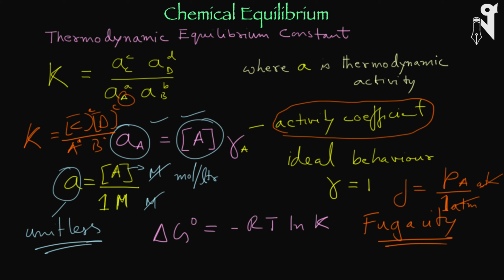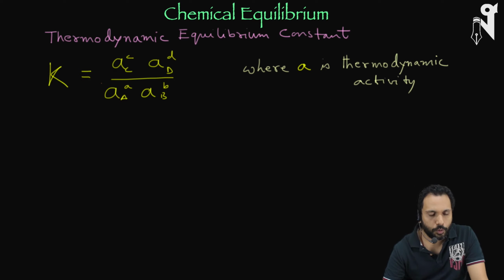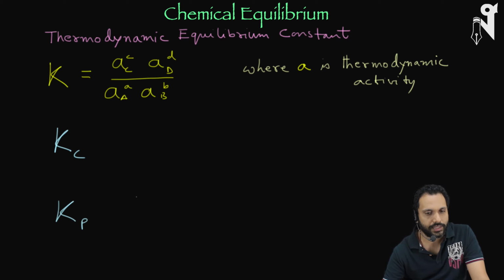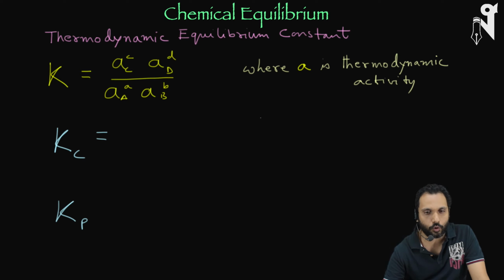So the point I'm trying to make is that we would be finding the K value in terms of concentration, which we'll call Kc, or in terms of pressure, which we'll call Kp. Numerically it would be the same if the coefficient was 1.